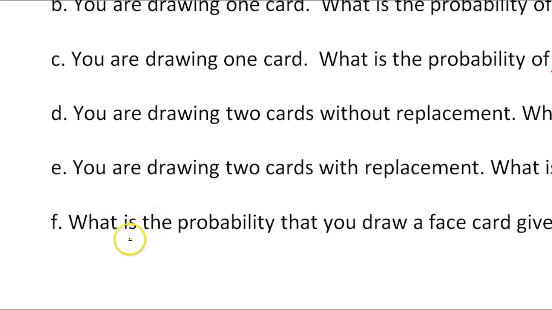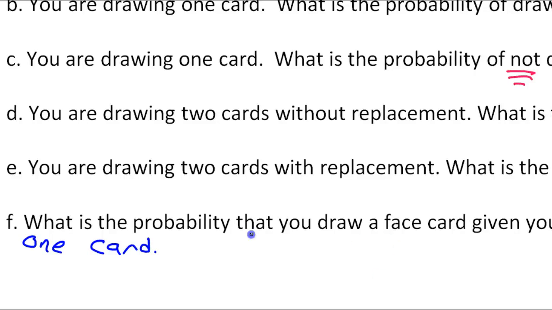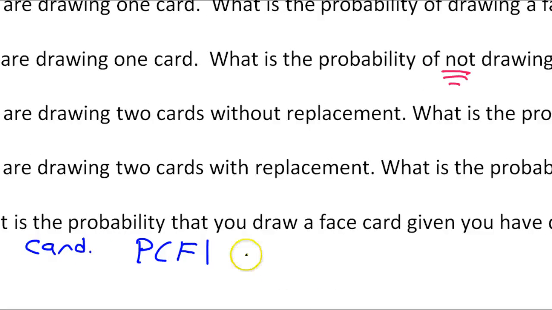But this time they didn't say. But look, we're back to 1 card. So they're just asking, what's the probability that it's a face card, okay, given that it is a red card. Alright, this is what they're asking.